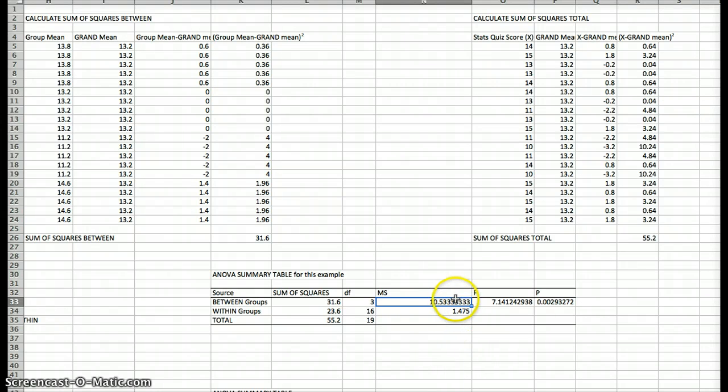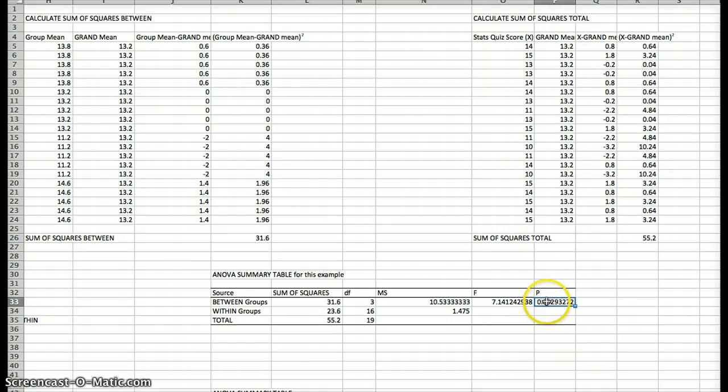So we're comparing this ratio. Now we see 10.5 and 1.5, roughly 7 times bigger. The between group variation is roughly 7 times bigger than the within group variation. So that's a pretty big F value here.